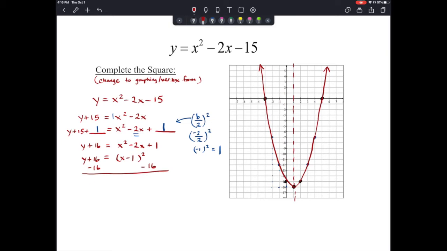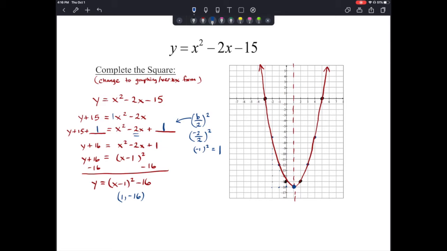So we subtract 16, and we end up with y is equal to the quantity of x minus 1 squared minus 16. And you'll see there, our vertex would be 1 comma negative 16, which is exactly what it was over here. And then we could use our growth pattern to graph our parabola.